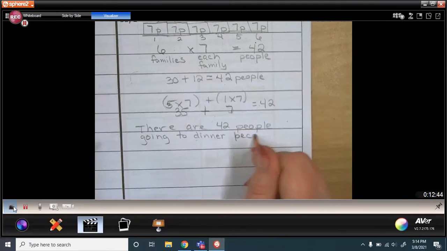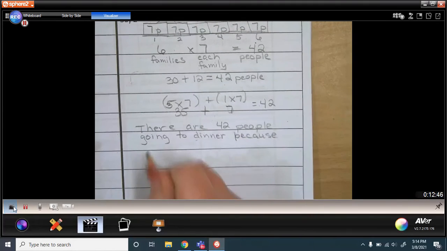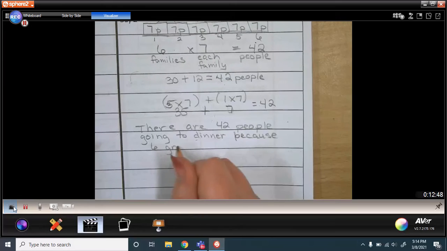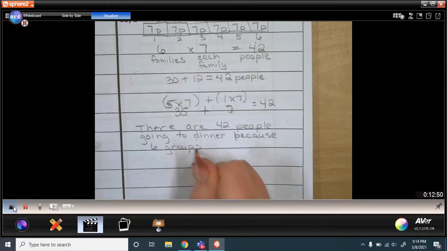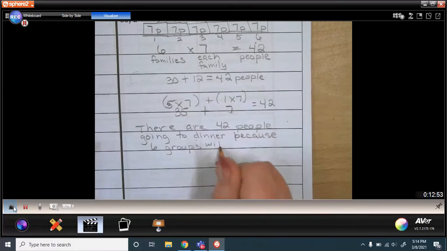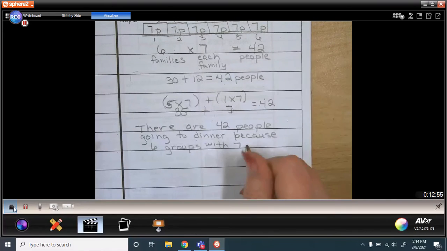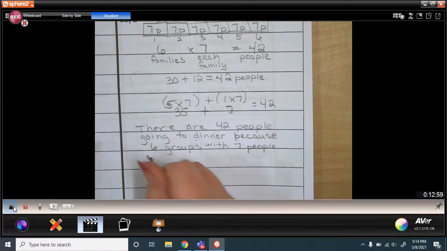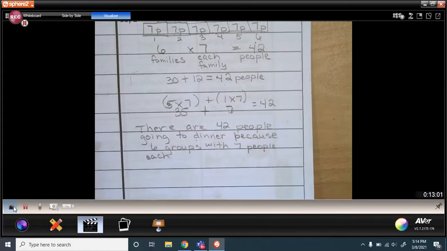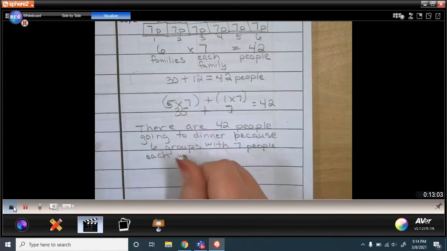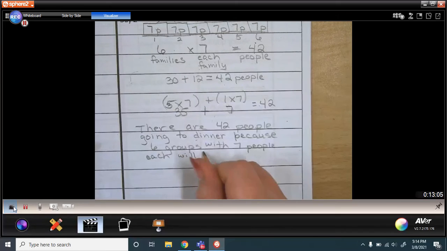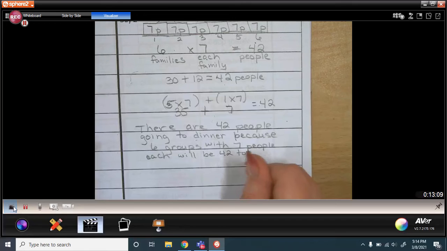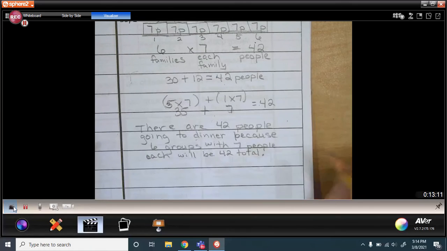Because 6 groups with 7 people each, keyword there being each, 7 people each, will be 42 total. All of them put together.